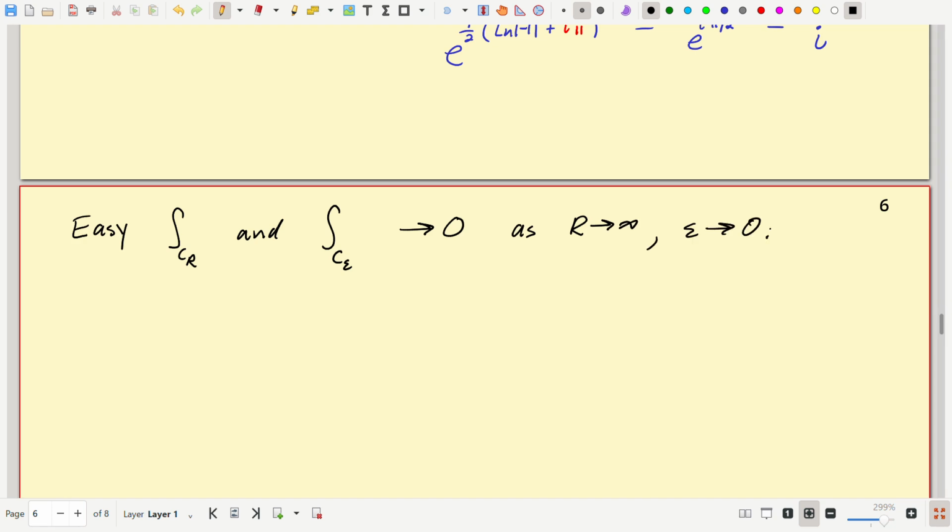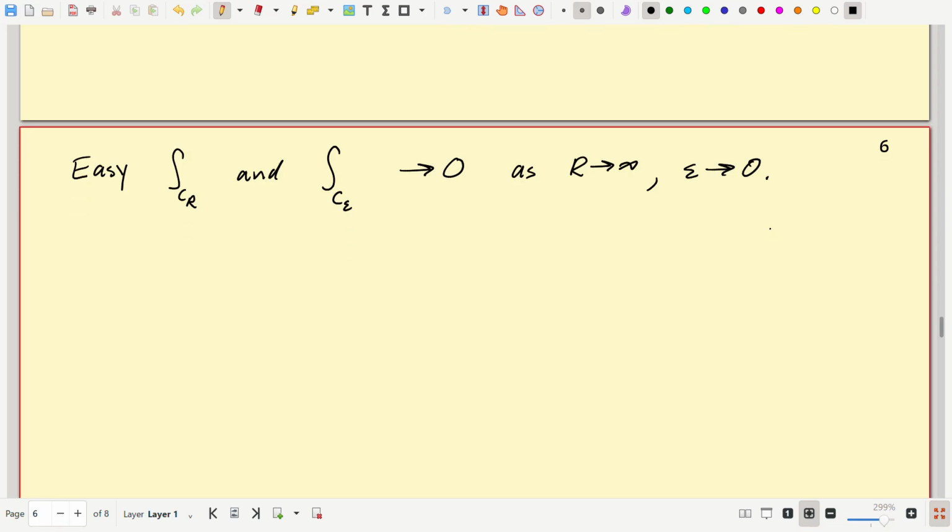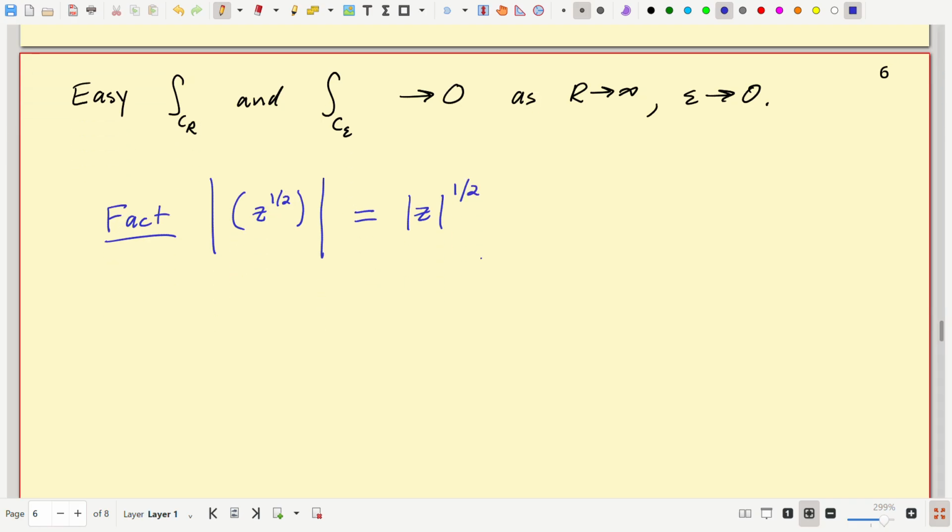Why is that easy? Here's an important fact: whatever branch you pick, the modulus of z to the 1/2 is always going to be the modulus of z to the 1/2. Let's see why that's true.